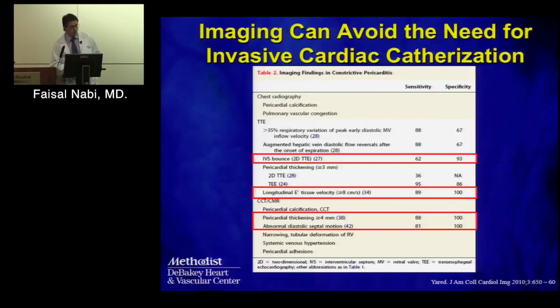So what this shows you is that classically invasive cardiac catheterization has been the gold standard for this disease state. Now, I'm not saying that in all cases it's not necessary, but I am saying that in several cases, non-invasive imaging may be able to very accurately make the diagnosis without needing any further invasive test.